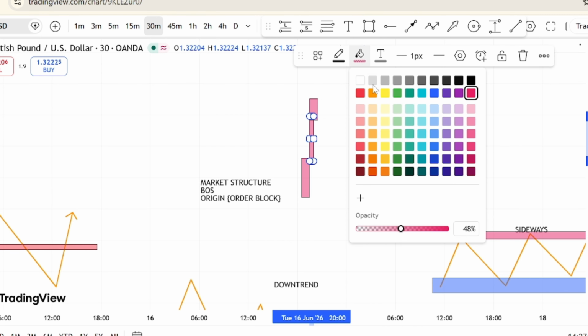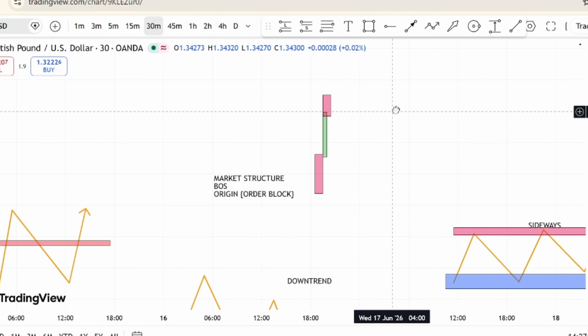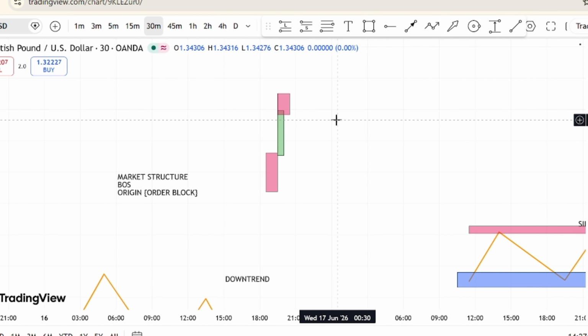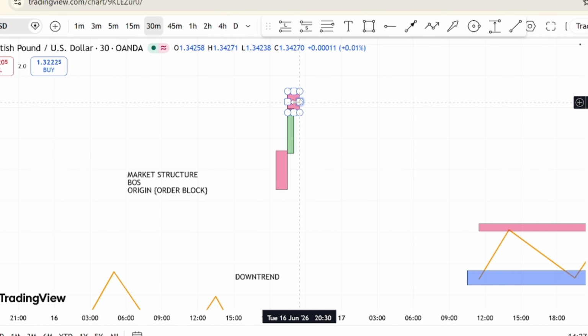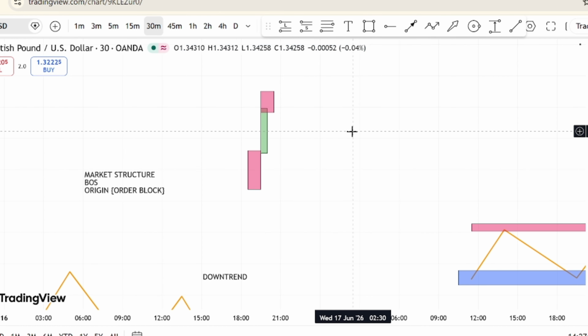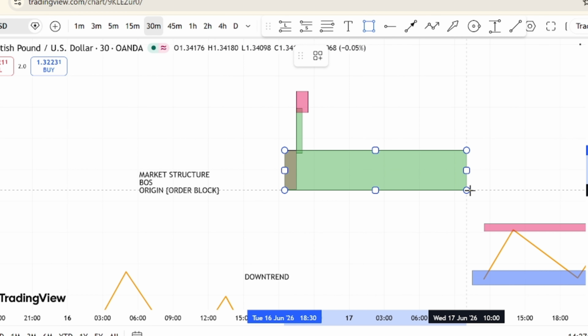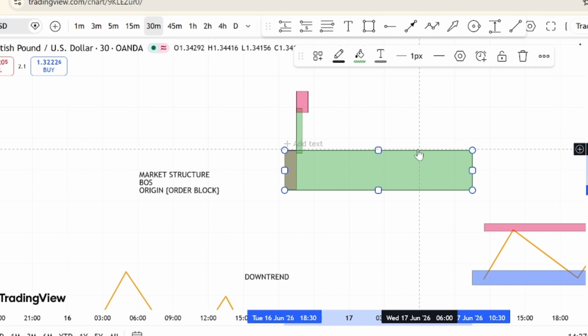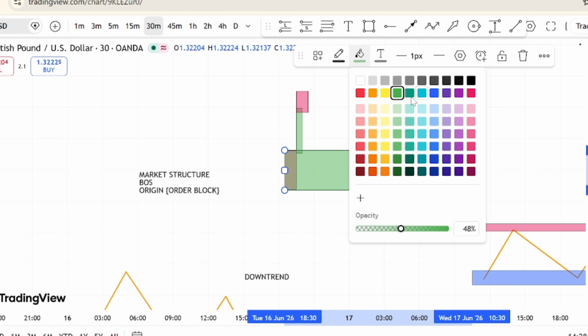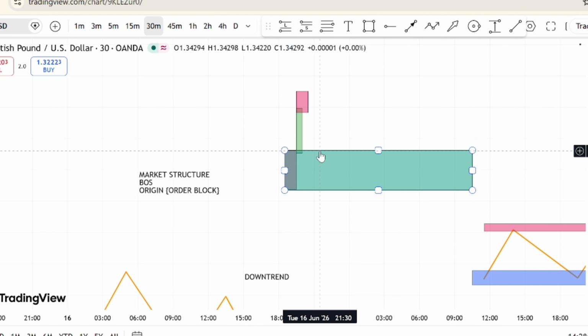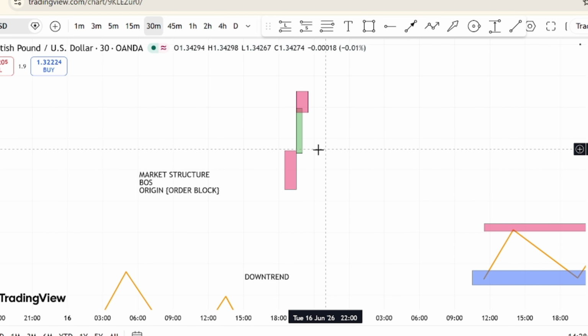For example, we are in an uptrend and you come and find your price here. So the order block is this last candle here before the huge move. So you come and highlight it. This is where you will wait for price to tap in and then you buy here.